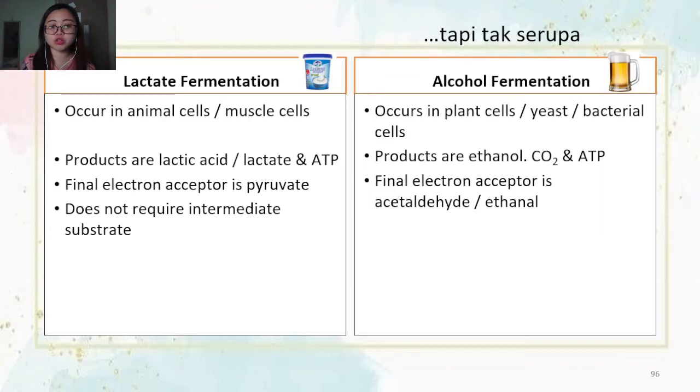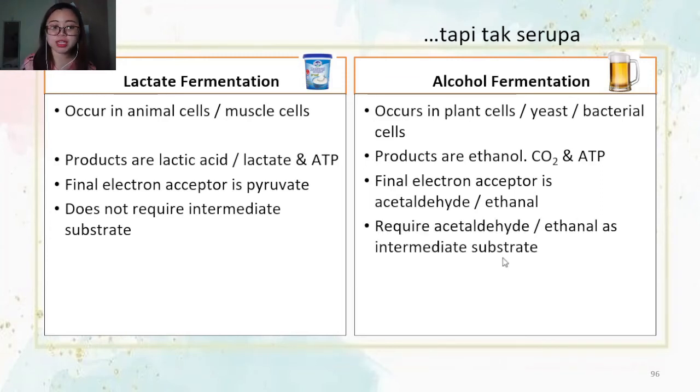Lactate fermentation will not require intermediate substrate. Jadi pyruvate itu boleh terus terima elektron. But in alcohol fermentation, it does require acetaldehyde or ethanol as an intermediate substrate. Maksudnya untuk alcohol fermentation, dia tidak boleh terus guna pyruvate, dia perlu jadikan dia kepada benda yang temporary. So pyruvate itu harus dijadikan kepada acetaldehyde, barulah acetaldehyde boleh terima elektron dalam alcohol fermentation.